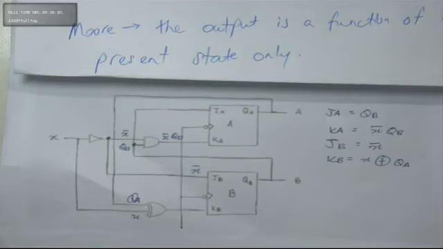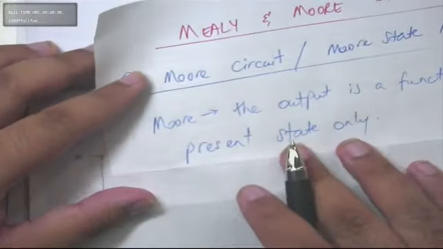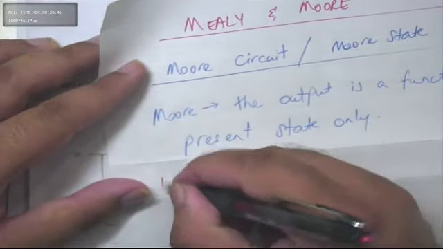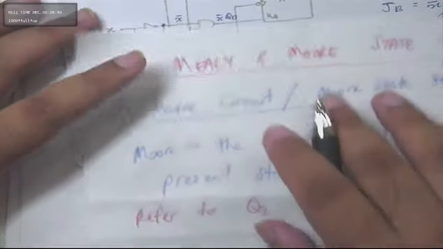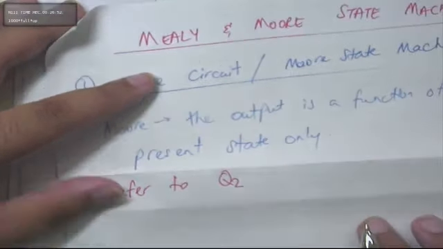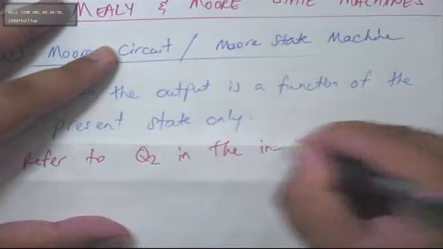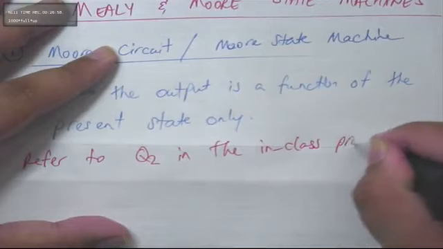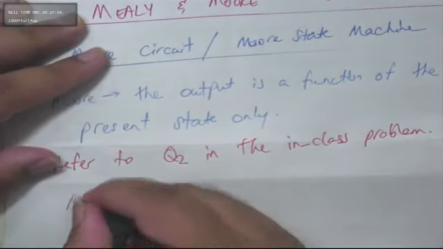Now let me just put a note over here. Let's say, I'll just say refer to Q2 in the in-class problem, rather than redrawing that whole circuit. Now, we've got to make a change. Let me just show you.